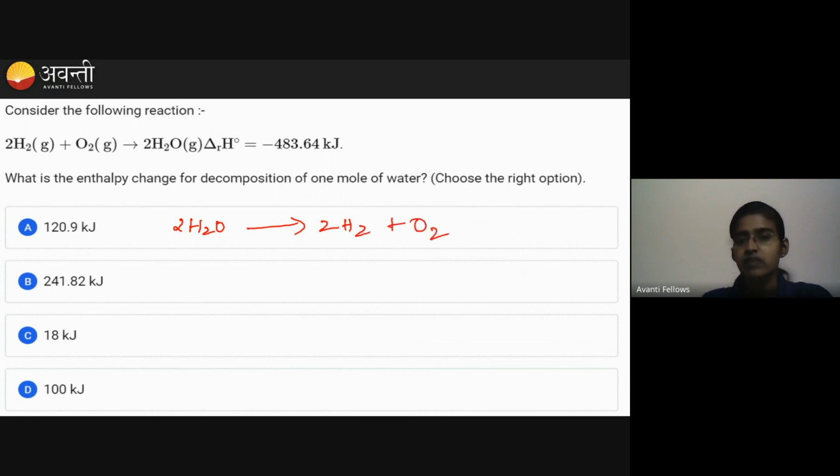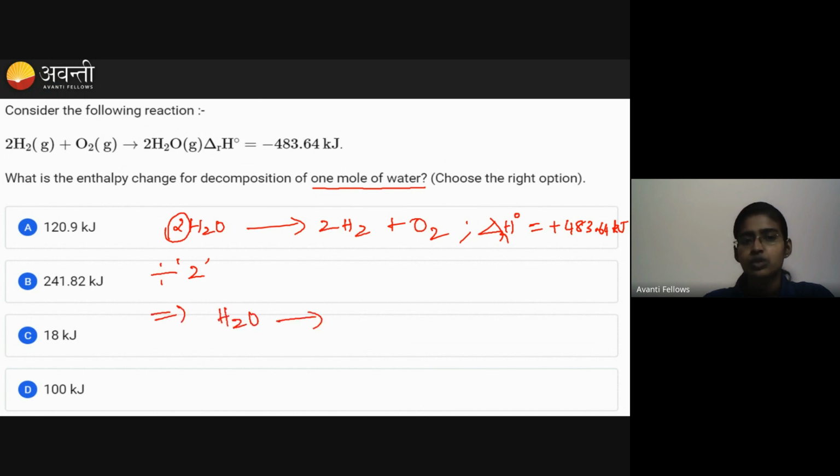Since I have reversed this equation, I have to change the sign of delta H_R naught. It was given as minus, so it is plus 483.64 kilojoule. Now I have to calculate for only 1 mole of water. Here it is given for 2 moles. So what do I have to do? Divide this equation by 2. So this will give me H2O giving H2 plus half O2.